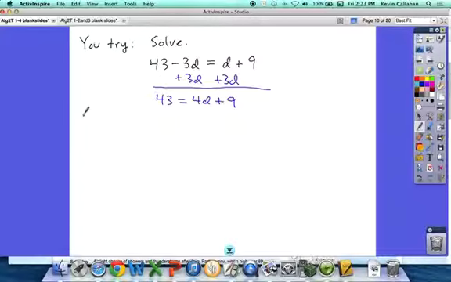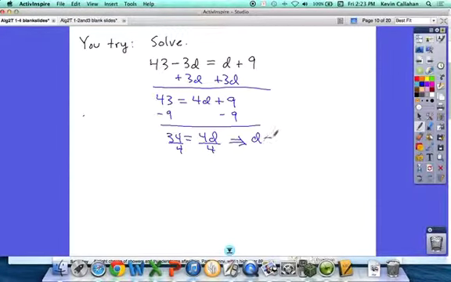Right, so -9, -9. 34 equals 4d. Divide by 4. So that gives us d equals 34 over 4, which you can simplify. That's 17 over 2, or you could turn it into a decimal. That's 8.5.